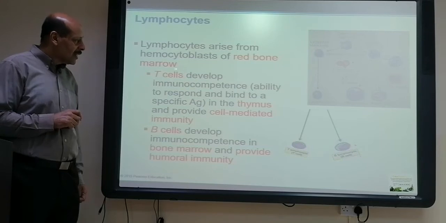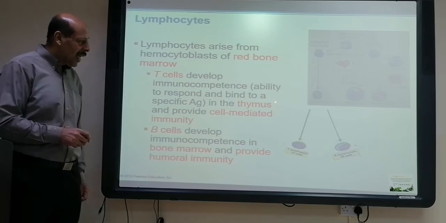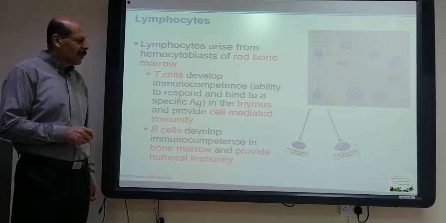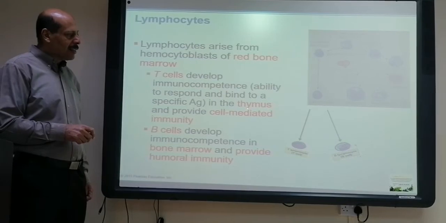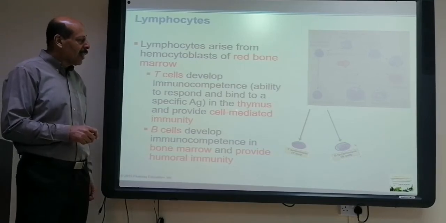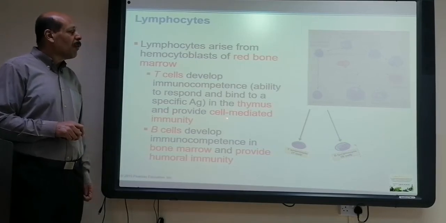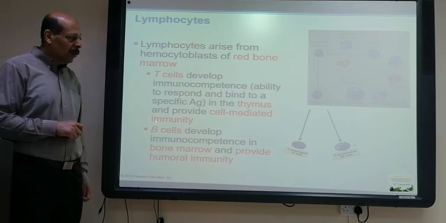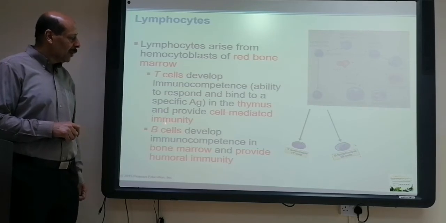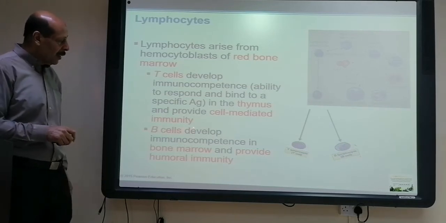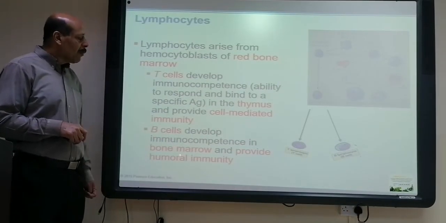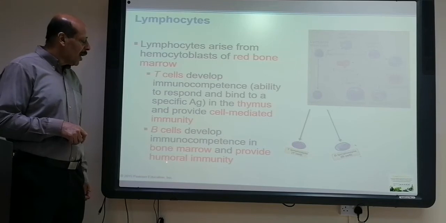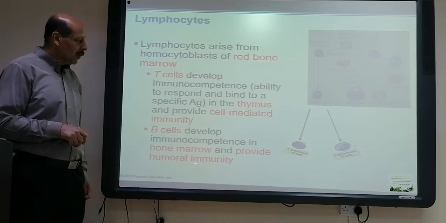So the T cell develops its ability to act against microorganisms or antigens in the thymus gland and provides cell-mediated immunity. The B cell develops immunocompetence in the bone marrow and provides humoral immunity.